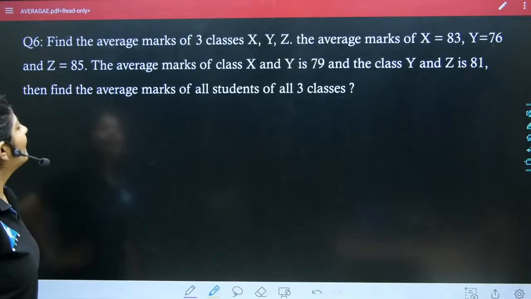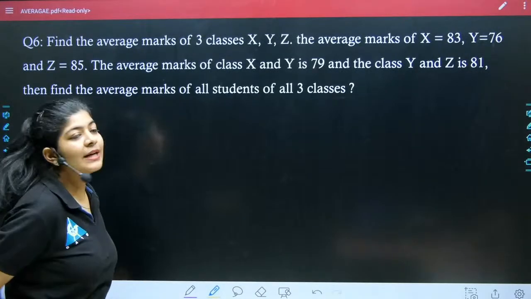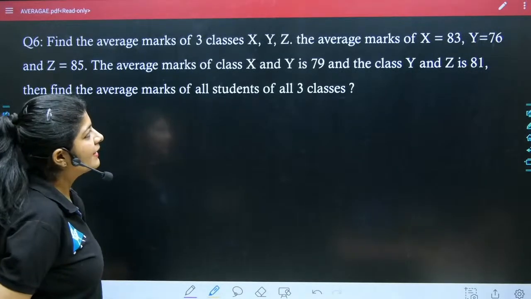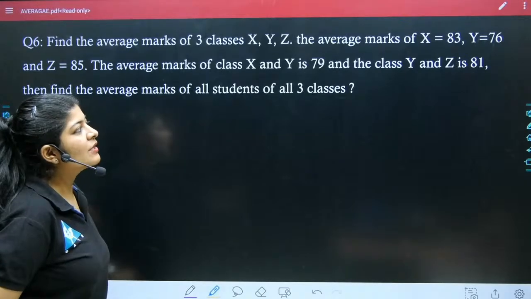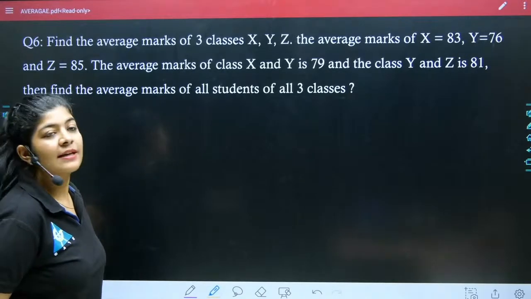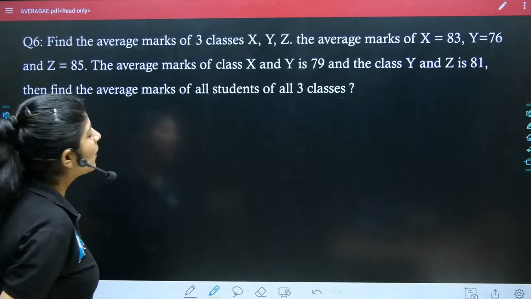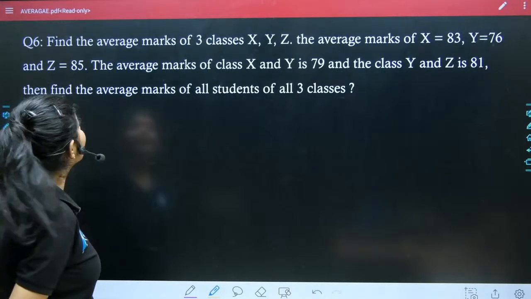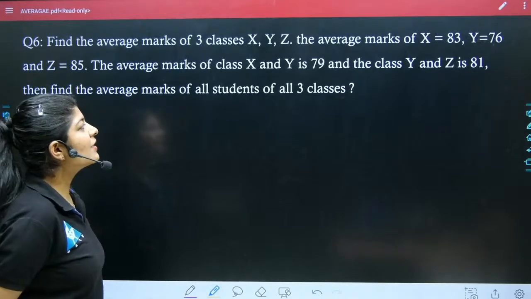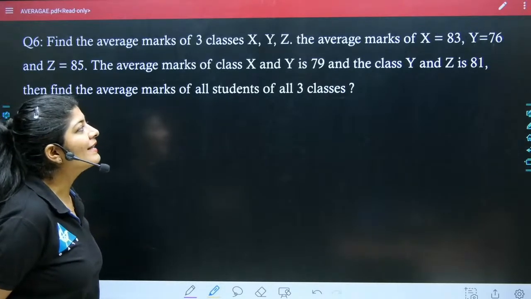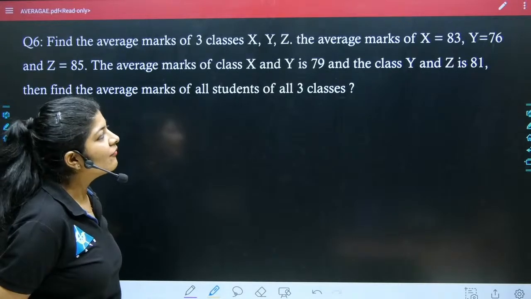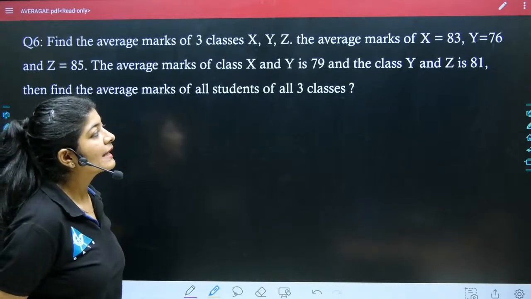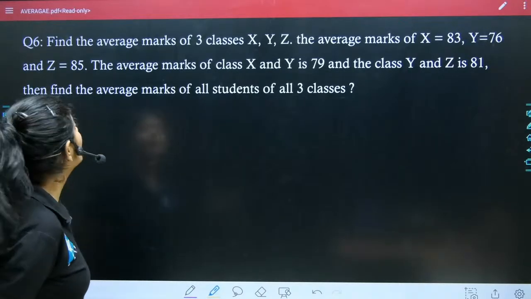Okay. Find the average marks of 3 classes X, Y, Z. The average marks of X is equal to 83, Y is equal to 76 and Z is equal to 85. The average marks of class X and Y is 79 and the average marks of class Y and Z is 81.